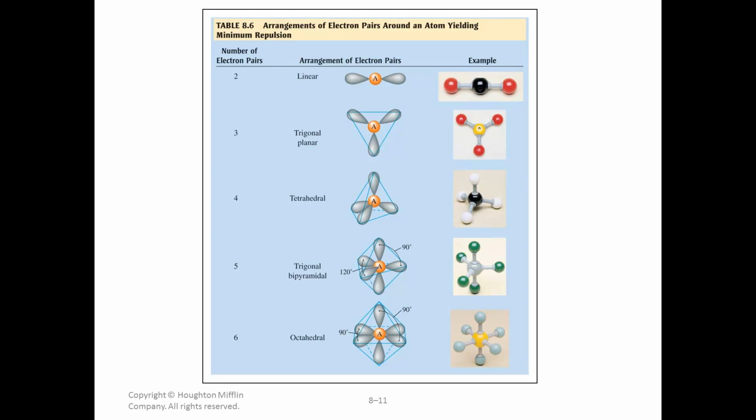So let's review some of the geometries that we've seen. With 2 electron pairs around a central atom, we can minimize repulsions with a linear geometry and a 180-degree bond angle.